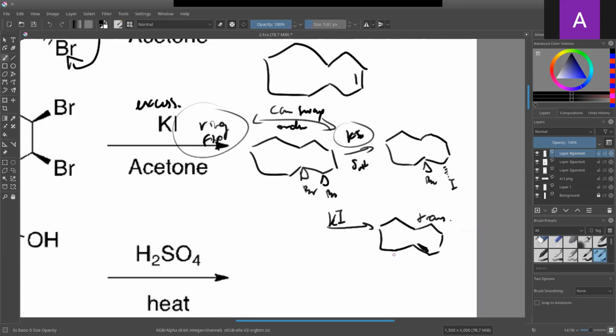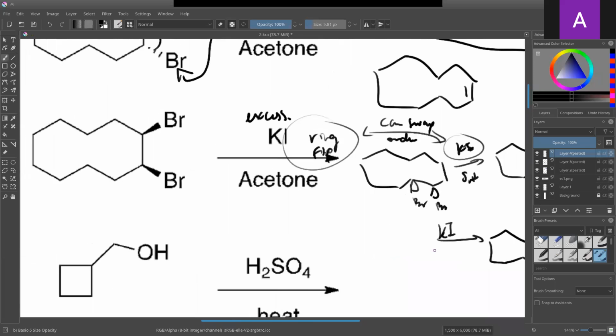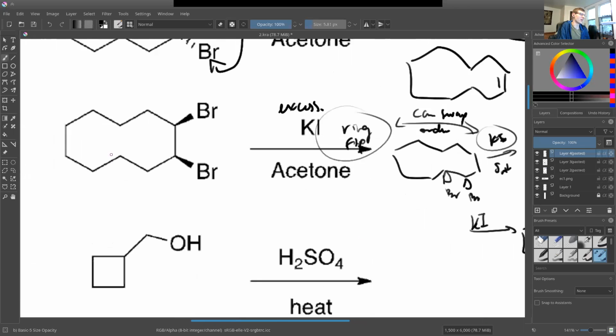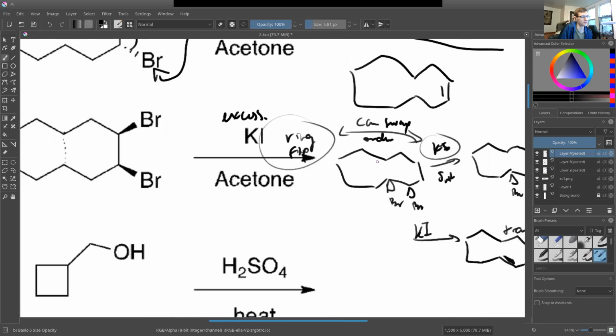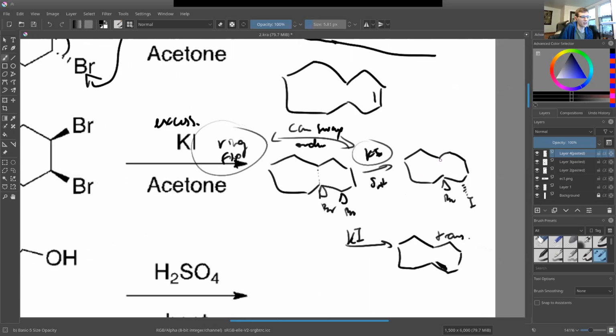How do you do a ring flip with a molecule like this? I'm just a little confused. The way that I would do it is to pretend that there's a bond there. So you just act like there's a bond there and treat it that way.